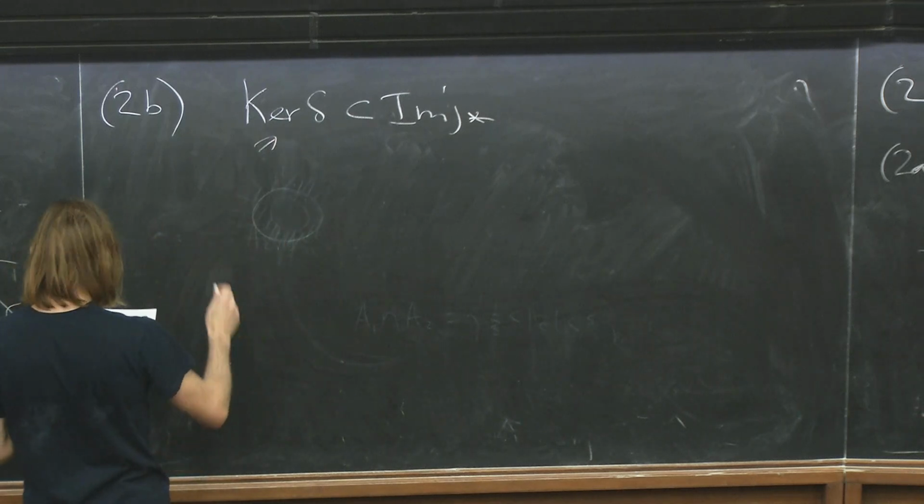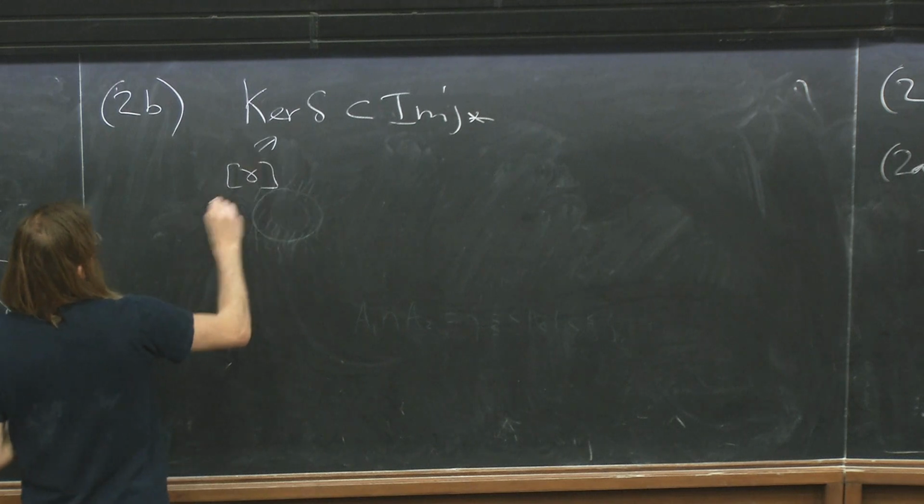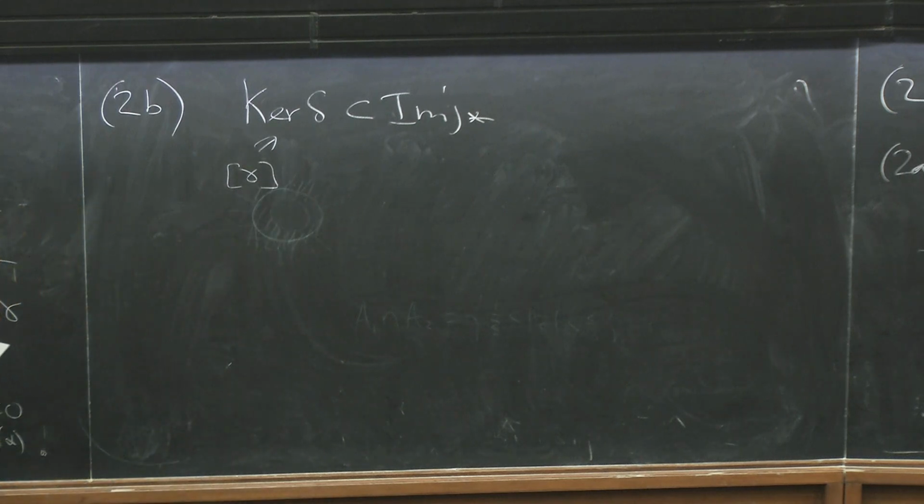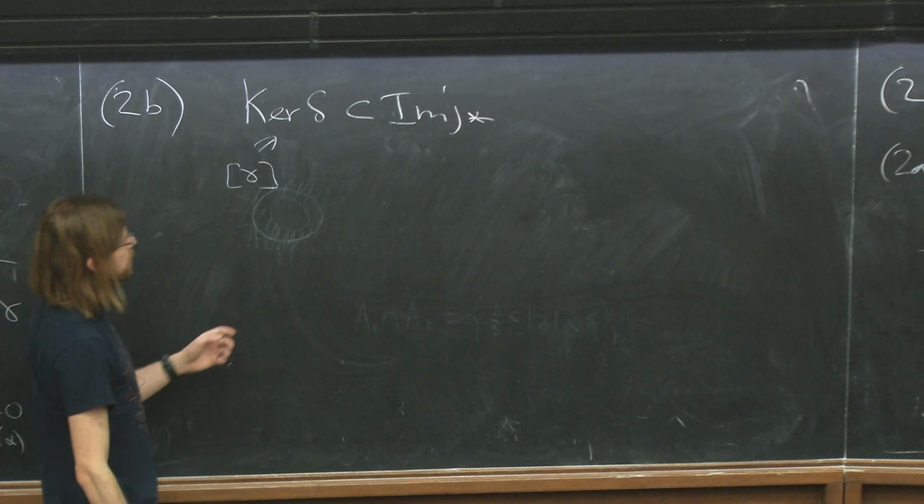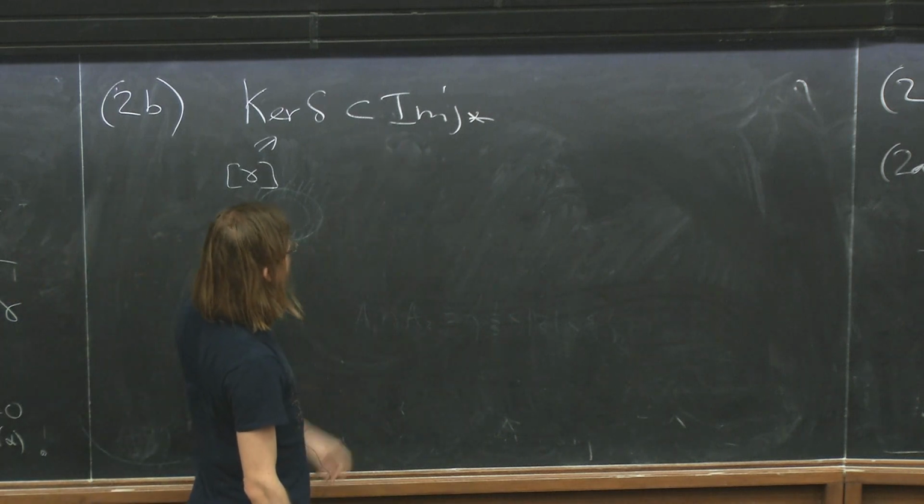So now let's take some element gamma in the kernel, and then we'll find its preimage under j star.